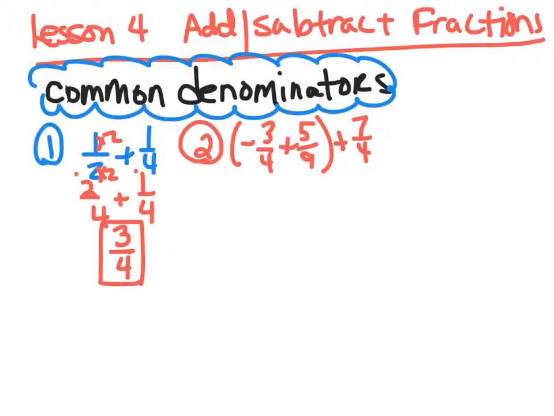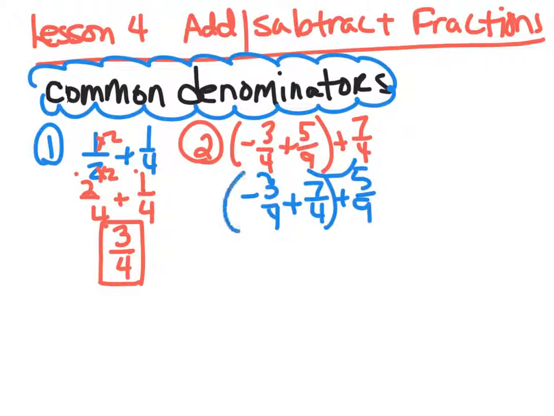I'm going to move these two around, 5/9 and 7/4, because the first addition you have here is -3/4. So let's group that together. -3/4, because it doesn't matter in adding, plus 7/4, and then we'll bring down the 5/9.